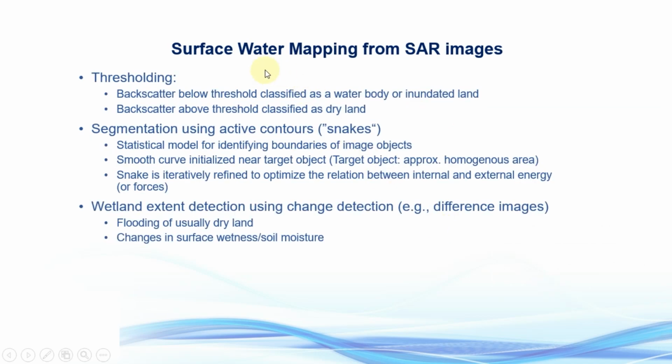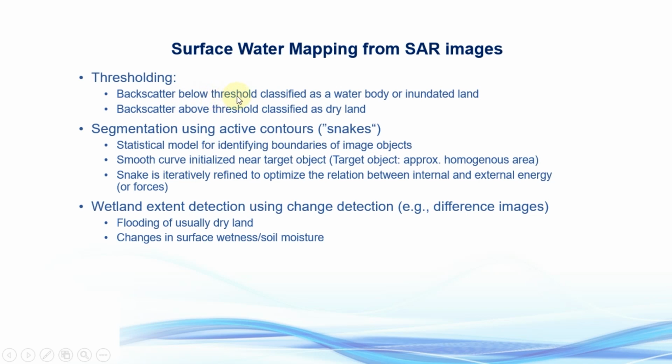By now, you might be wondering, how are SAR images used to map water surfaces? Well, there are various methods for flood water mapping and surface water mapping. One of the very widely used methods is called thresholding. As we know, when the water surface is calm, it has very low backscattering value.